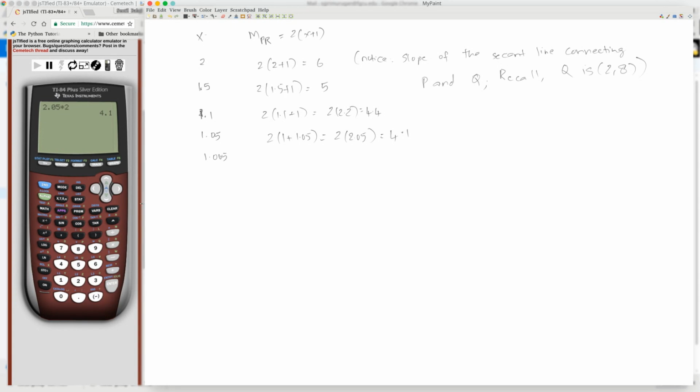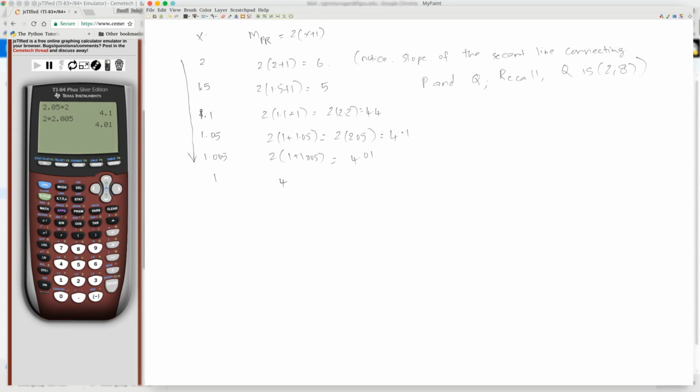And 1.005 would give us 2 times 2.005, and that is 4.01. So I am getting really, really close to 1. I started at 2, picking values, getting really close to 1, and of course if I plug in 1, I am going to get a value of 4.